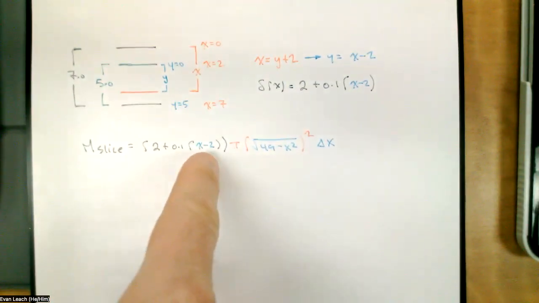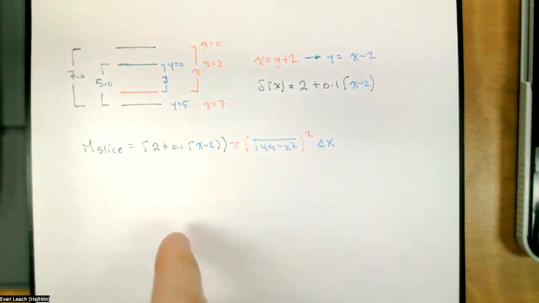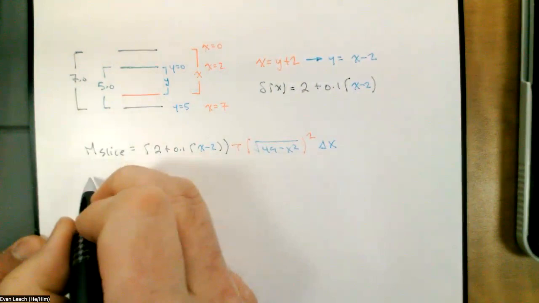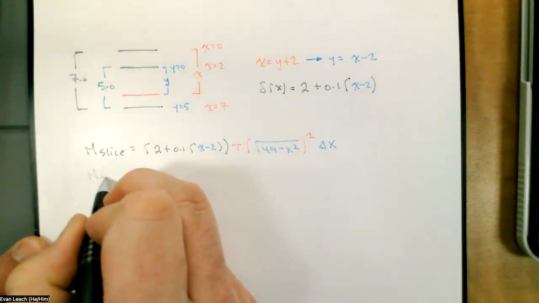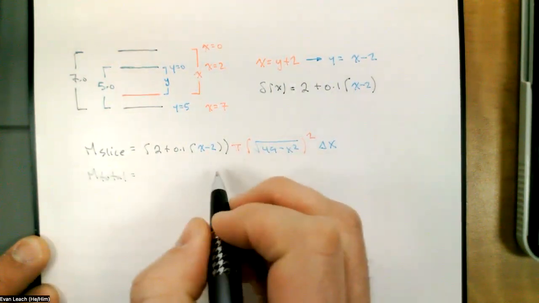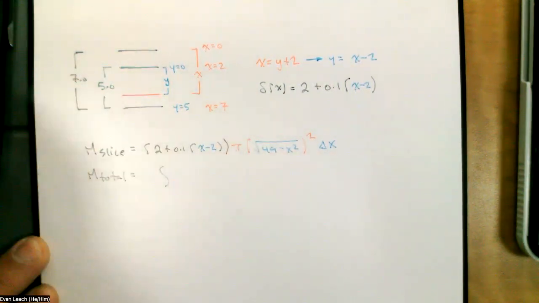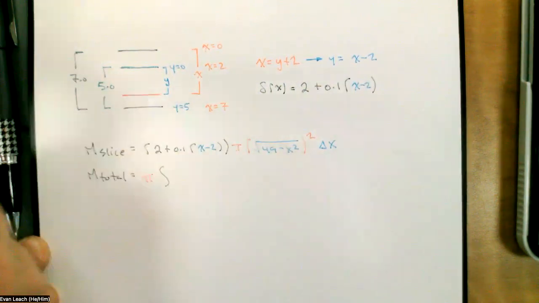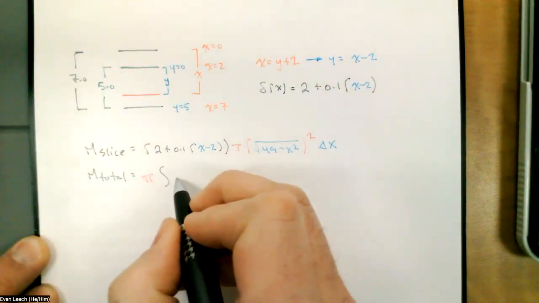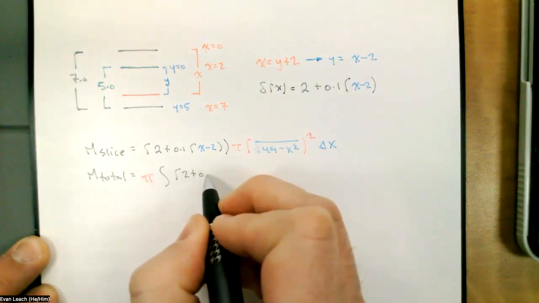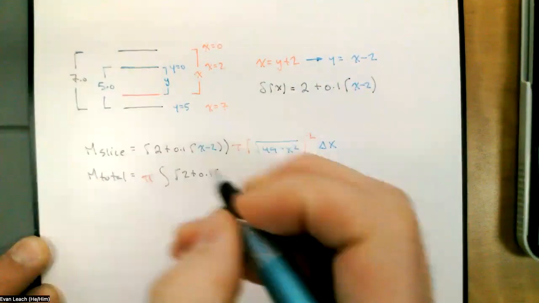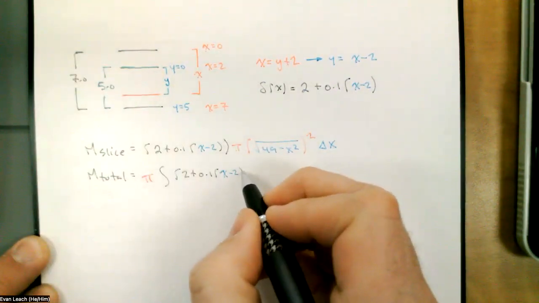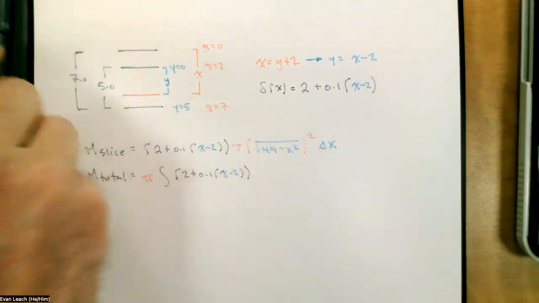So instead of having y and (y plus 2) squared, we have x minus 2 and x squared. And then our total, we'll still take out the pi. For some reason, the only thing I'm going to simplify is just the square root part.